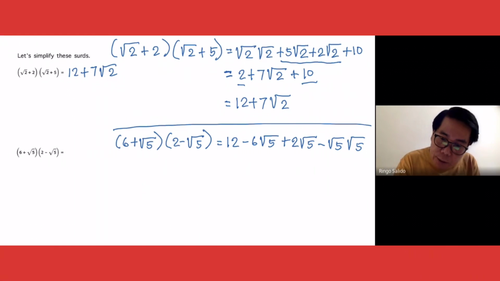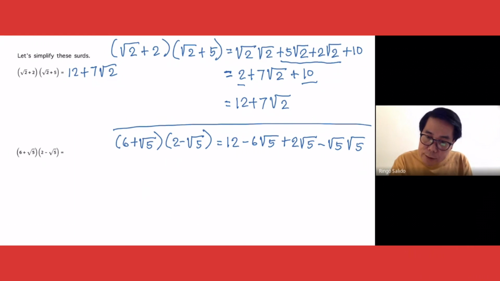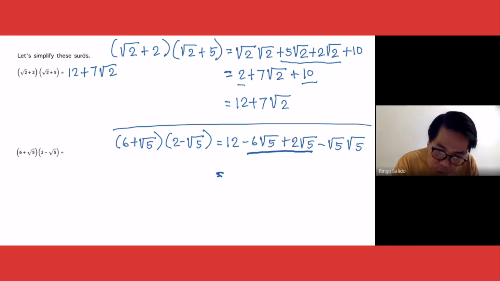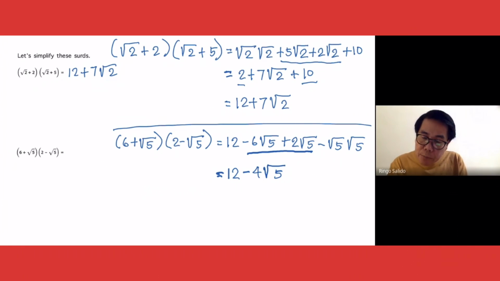Okay, now let's tidy up. We can see here like terms. So we have 12, and then negative 6 plus 2 is negative 4 root of 5. And then this one is 5.